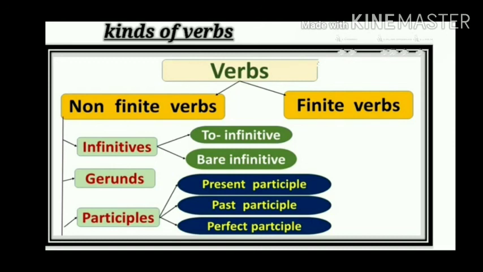These non-finite verbs, we further classified into three parts, that is infinitive, gerunds and participle. We learned about infinitive, it is of two types, to infinitive and bare infinitive. Gerunds are the ing form and act as a noun in the sentence. Then the participle are of three types, that is present participle, past participle and perfect participle.